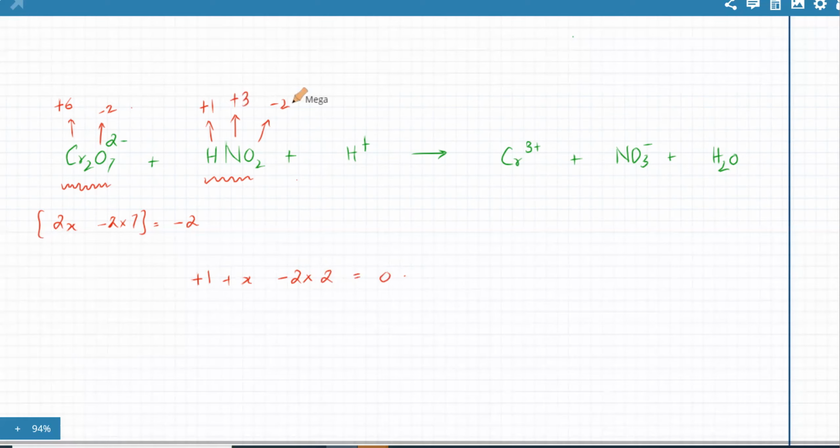So the only difference compared to the previous one is that you have to find the oxidation states yourself. H is obviously plus 1. Cr, the charge is already given, that's plus 3. Can anyone tell me what N is over here? I mean, O is minus 2.